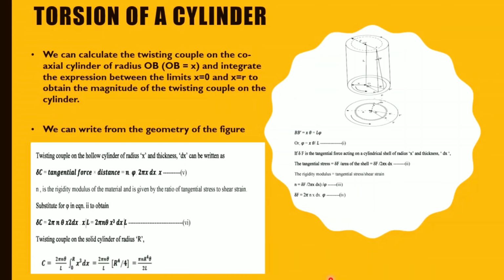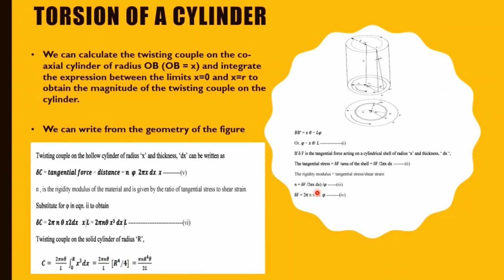Now when we move ahead, we know that the twisting couple on this hollow cylinder with radius x and thickness dx, delta psi, is equal to tangential force into distance. So what is the tangential force?